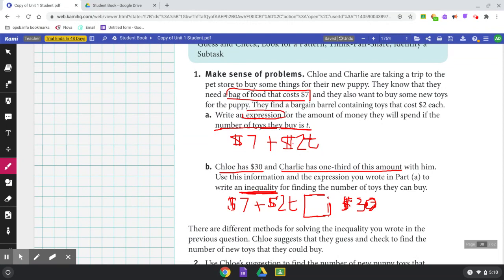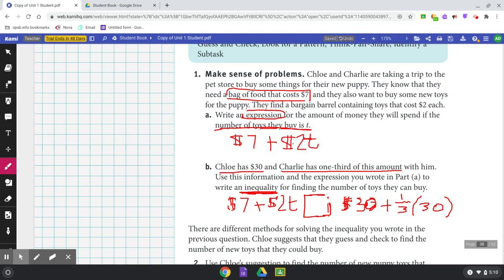Charlie has 1/3 of that amount, plus 1/3 of 30. Okay. Wow, that's the best I can do. I'm so sorry, y'all. Okay, so on the left side, we have $7 plus $2 times T with our block where our inequality symbol is going to go, with our expression on the right being $30 plus 1/3 of $30, which is how much they have to spend.